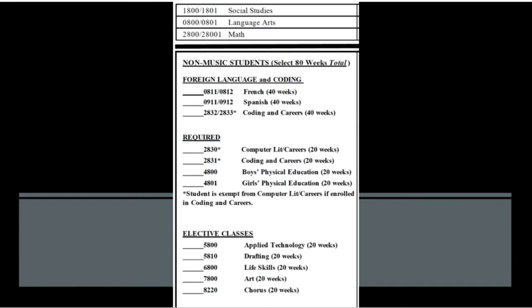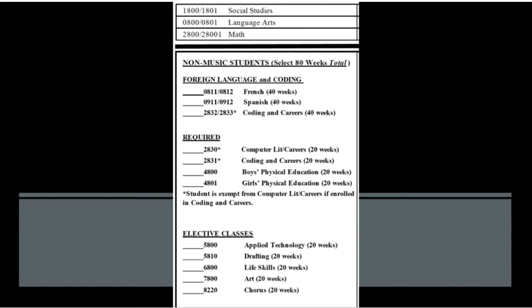Now, most of you will also be taking one of the phys ed classes as well. This is a required class, and there's one exception, and that's if you're taking a foreign language class, then phys ed becomes an optional elective. And again, I'm going to get to all your options in a minute, so don't make any selections yet.